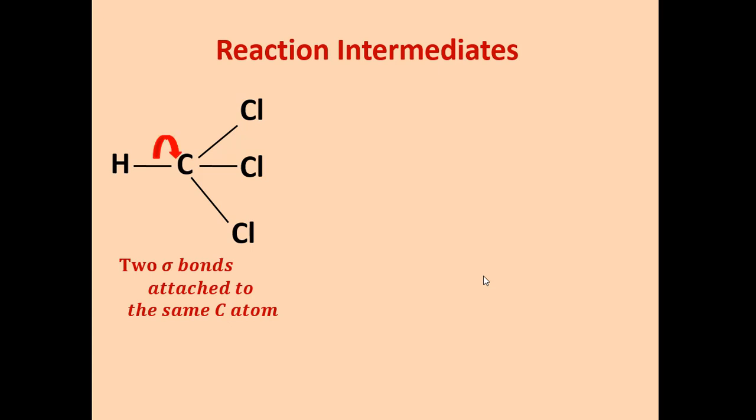The carbon hydrogen bond cleaves, and the two electrons in the carbon hydrogen bond are shifted towards the carbon atom. So hydrogen leaves as H plus, and carbon will carry the lone pair of electrons originating from the covalent bond. Next, the carbon chlorine bond breaks, and the two electrons are shifted towards the chlorine atom, and the Cl atom leaves as Cl minus.